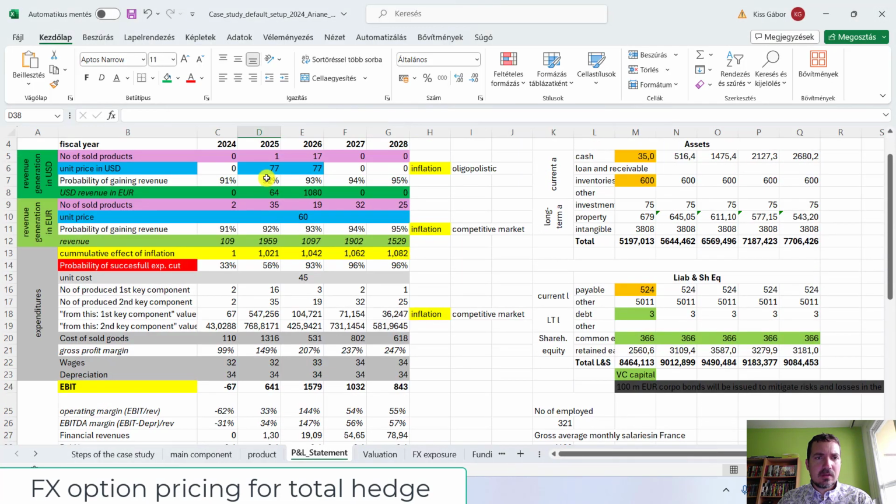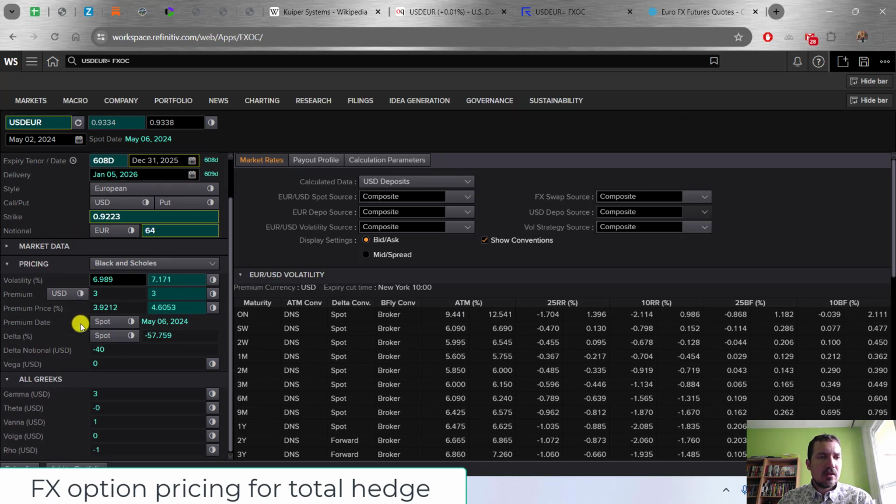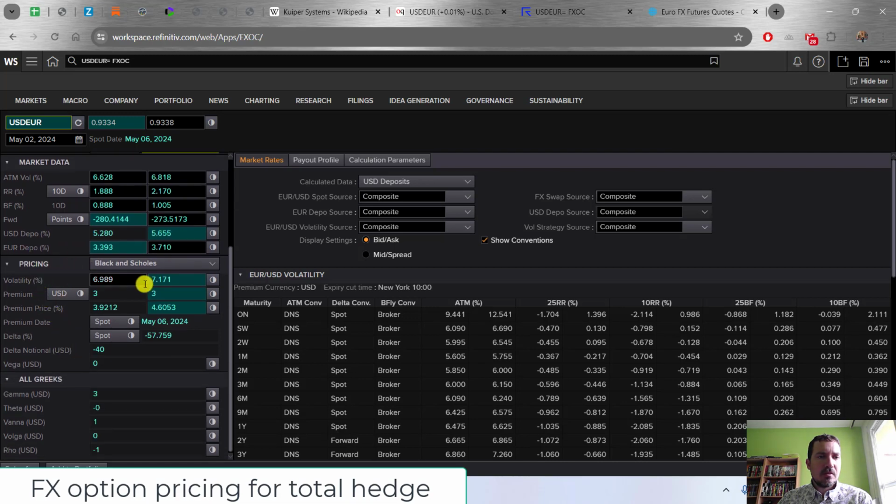Yeah. 64. Yeah, so you can see here the volatility, and also we can see here the interest rates, and during the prices we can still see volatility.